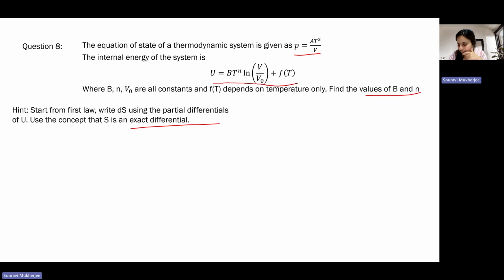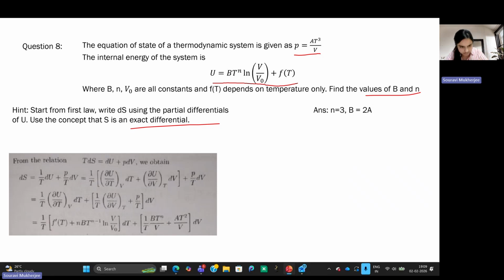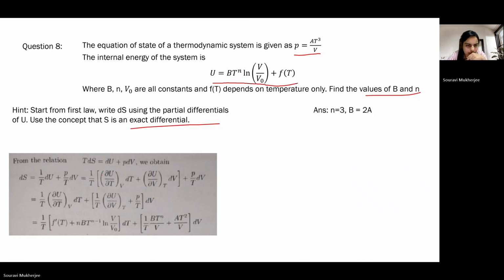So let's see. This is the answer. Let's see how to get there. You start with the first law.